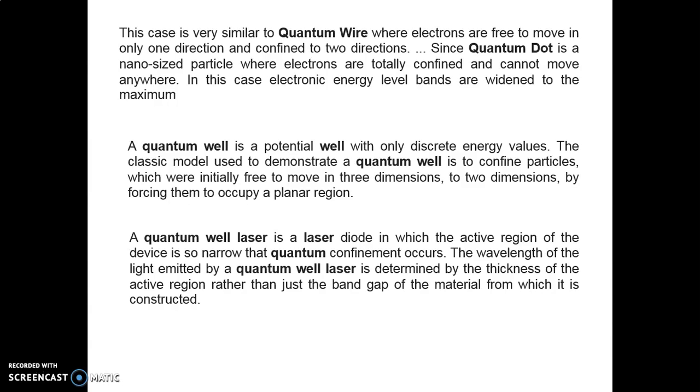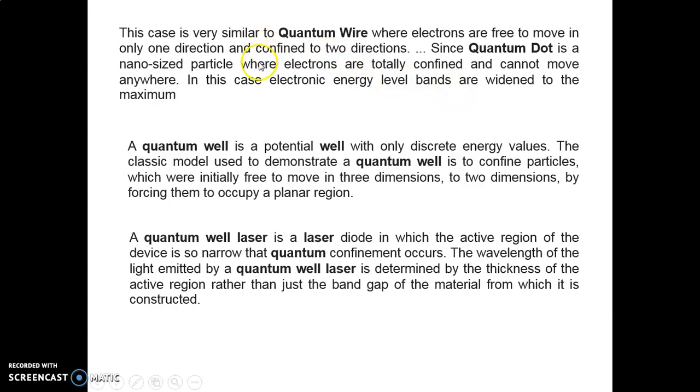So it is totally fixed, and it cannot move in any direction. In this case, electron energy level bands are widened to the maximum. This is a very important point. Due to the confinement, the electron energy level bands are widened to a maximum level.